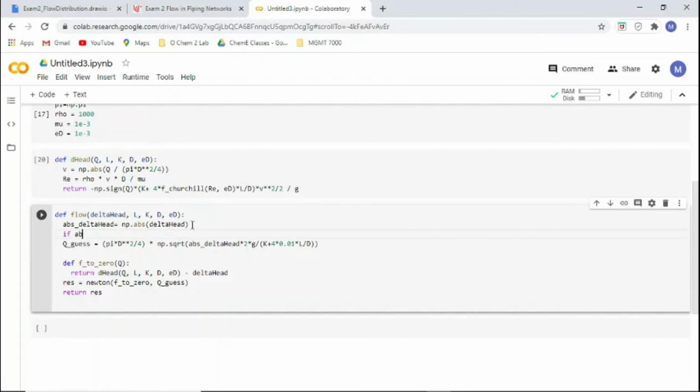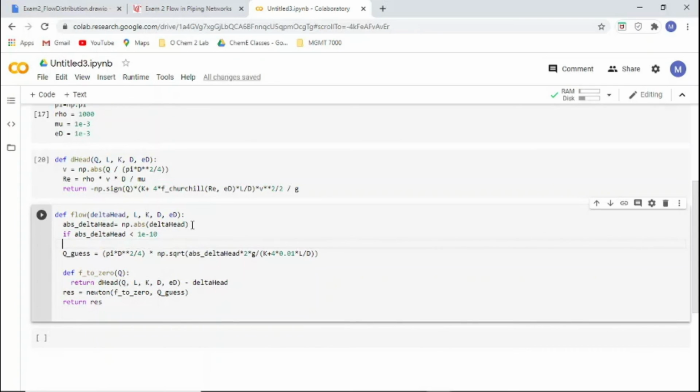So if the absolute value of the delta head is less than some really, really small number, so 0.0000, oh, we can write this in an easier way, 1 times e to the -10. If it's less than that, what we want it to do is return the value as 0.0.